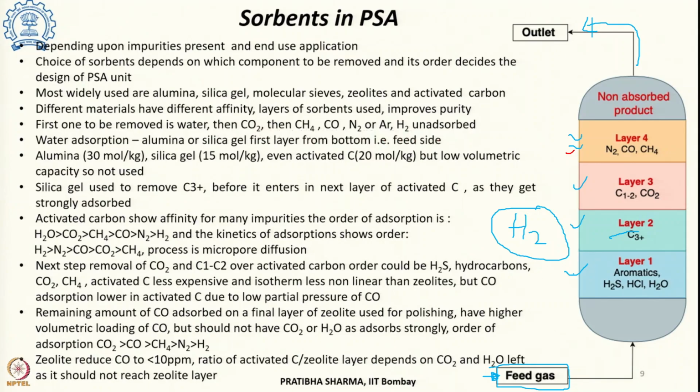In the first layer, what type of impurities will be adsorbed? Removal of water. Just remember, in the first layer, removal of water will be done by using one chemical. You can use alumina or silica gel.